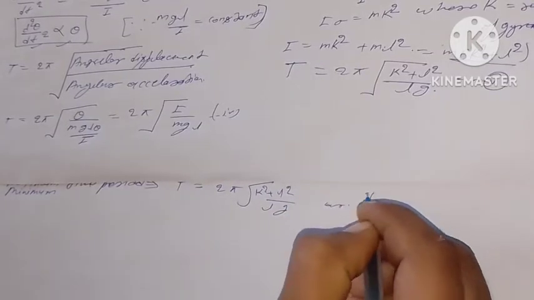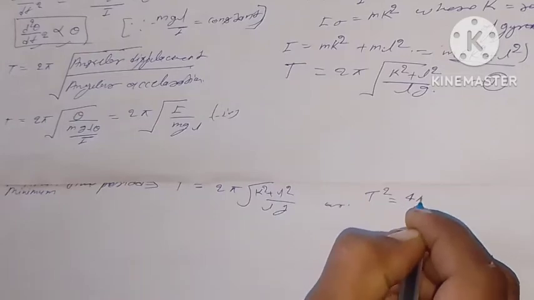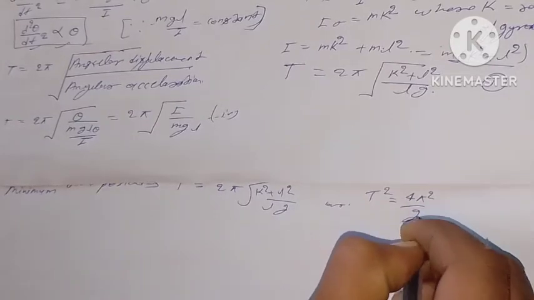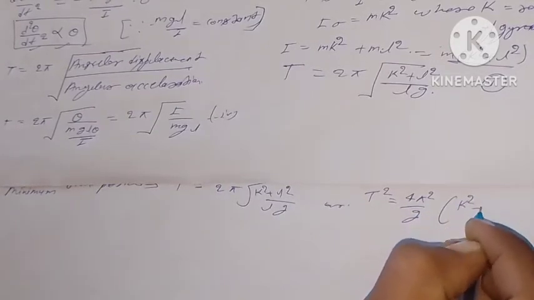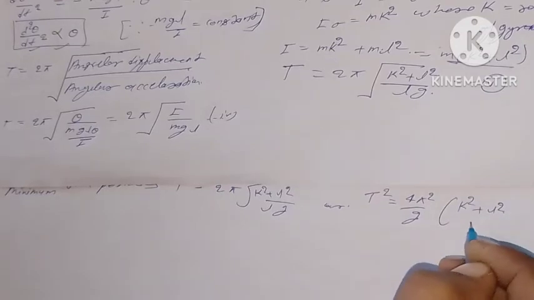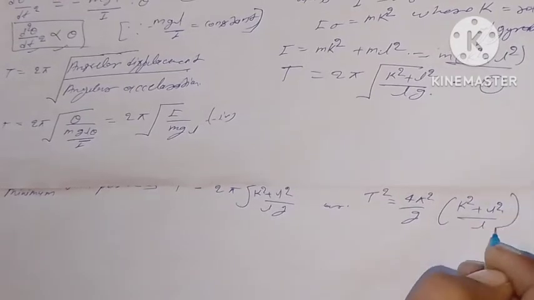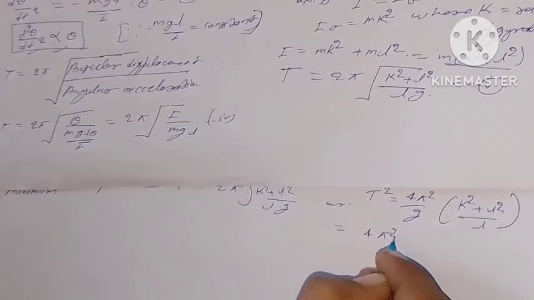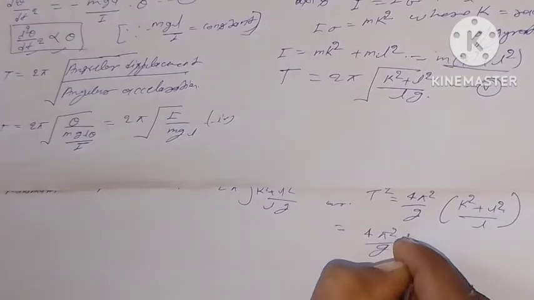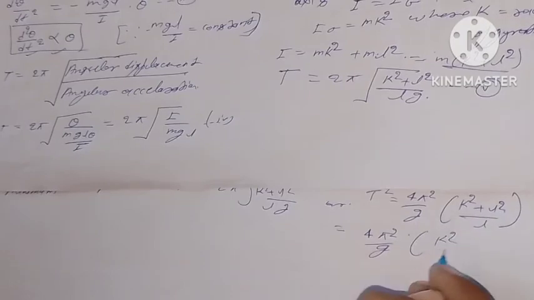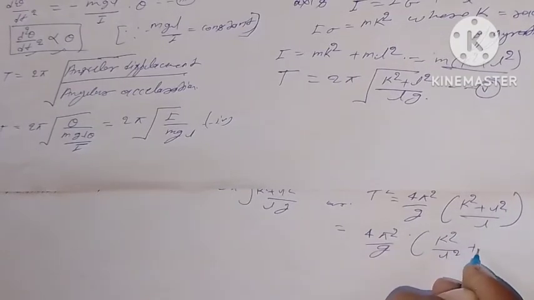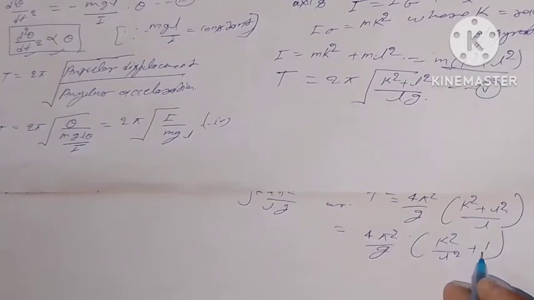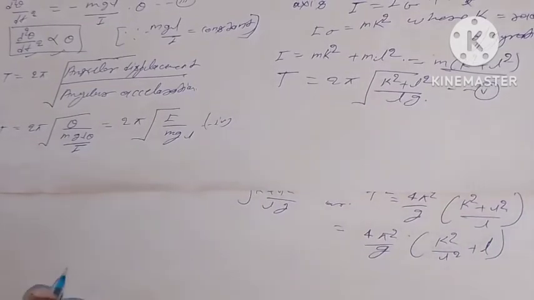T square equals 4 pi square upon g times k square plus l square upon l, equals 4 pi square upon g times k square upon l plus l. Okay.